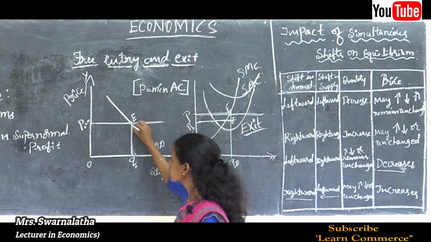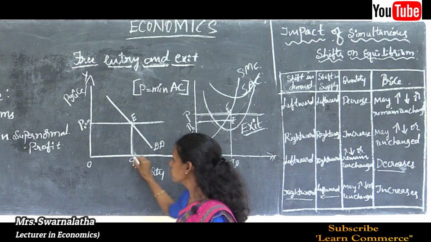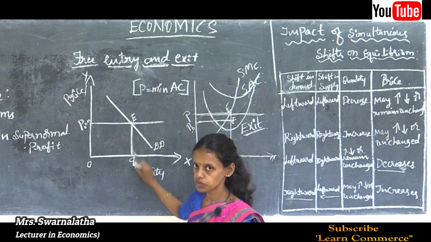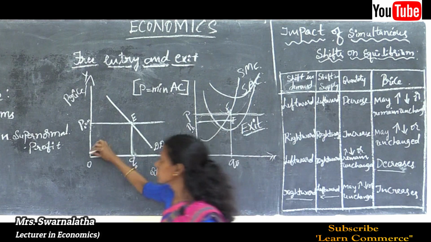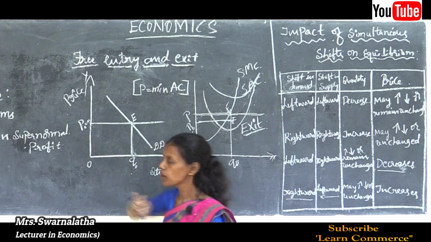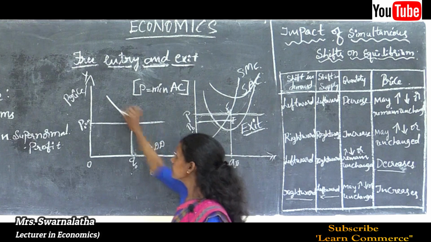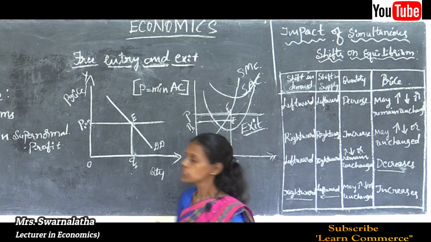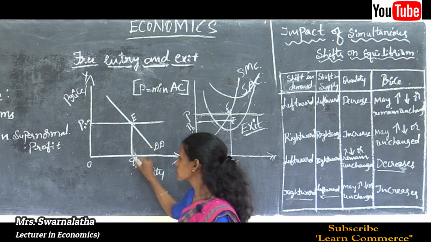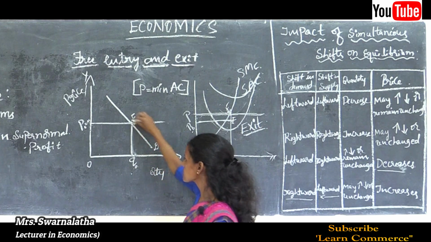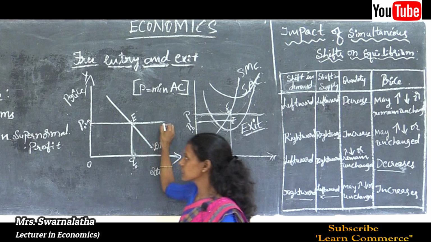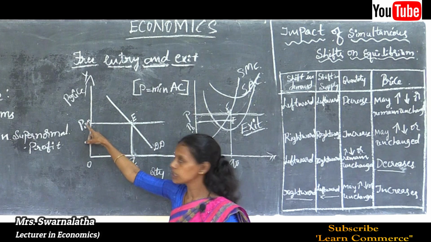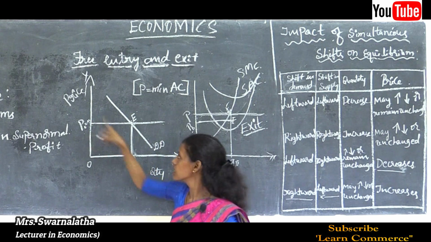Here what we can see is that OQ naught level of output is produced, quantity remains unchanged with the OP naught level of price. DD is the demand curve. So, quantity demanded is Q naught, it intersects the demand curve at point E with the price line, that is, P is equal to minimum average cost, minimum AC.